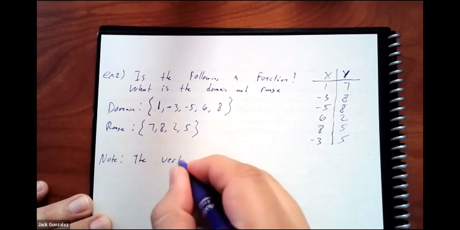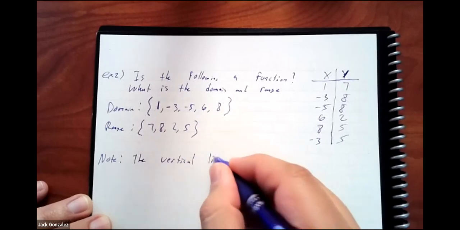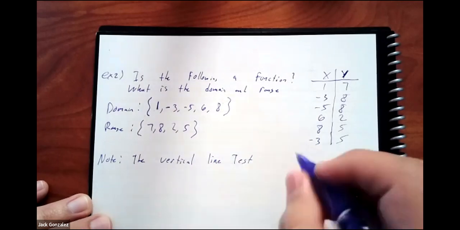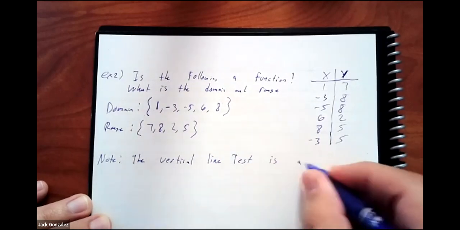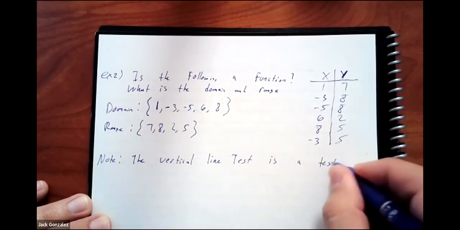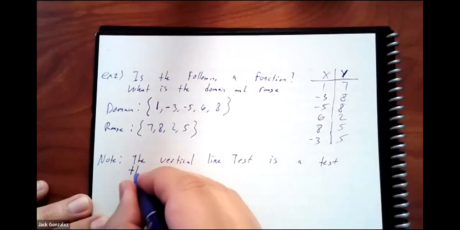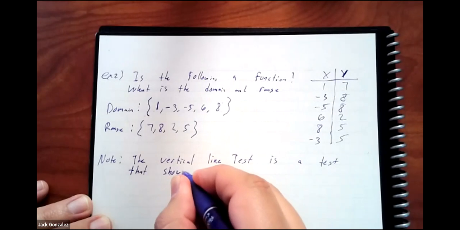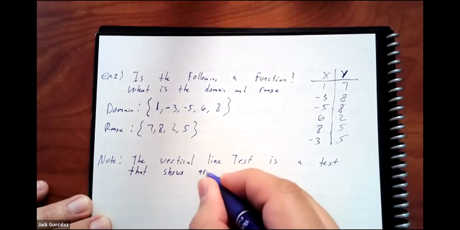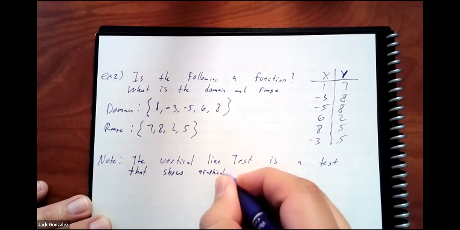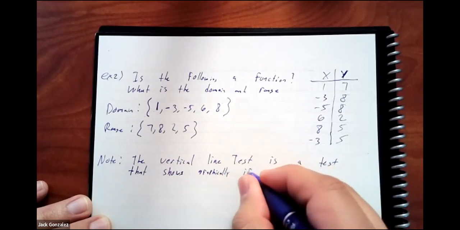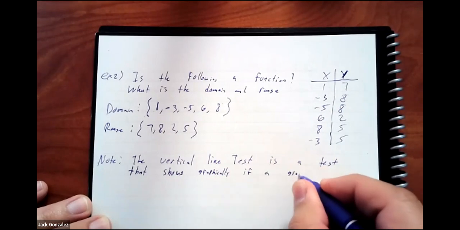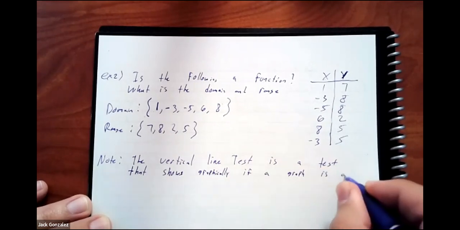The vertical line test is a test that shows graphically if a graph is a function.